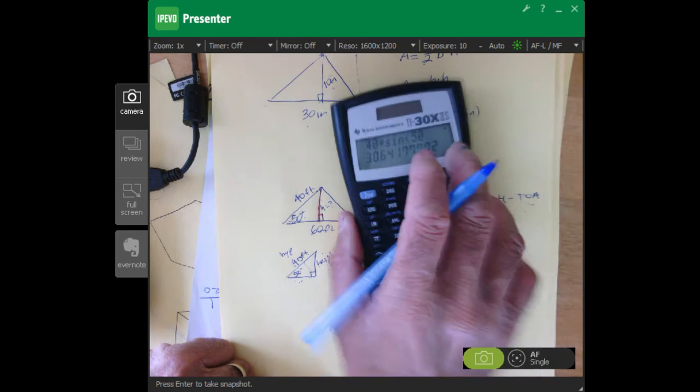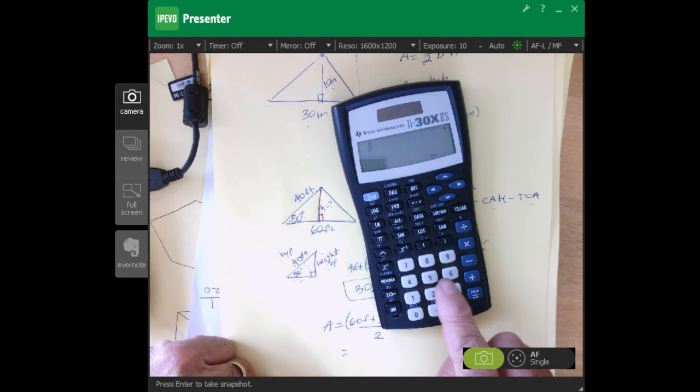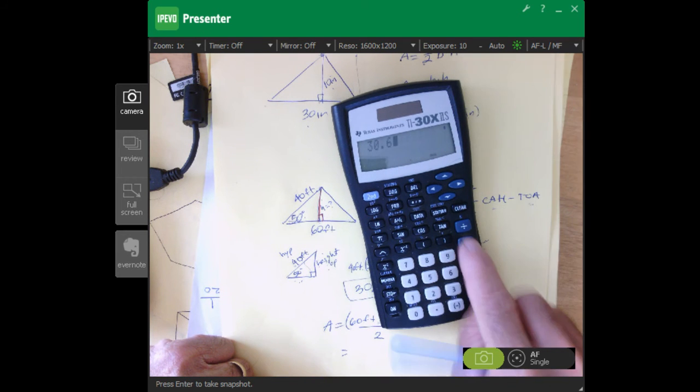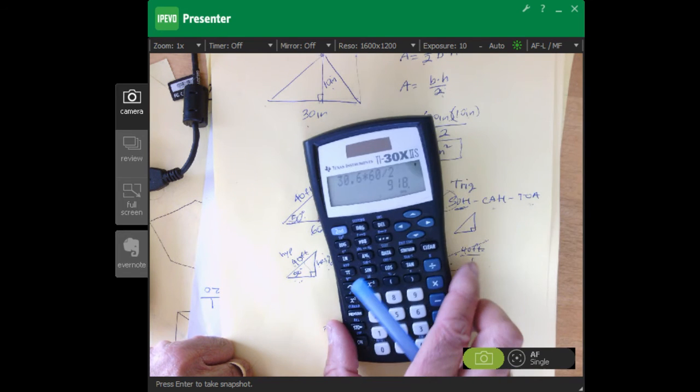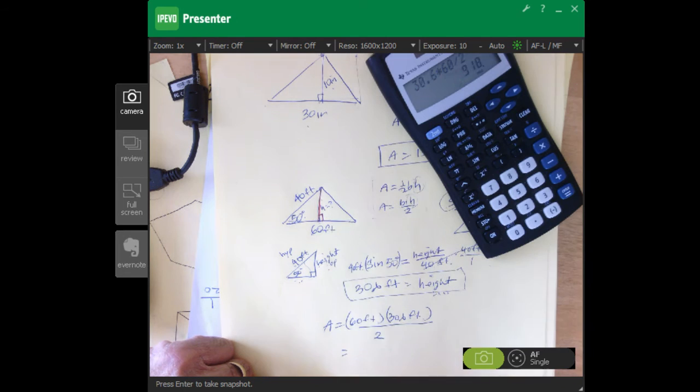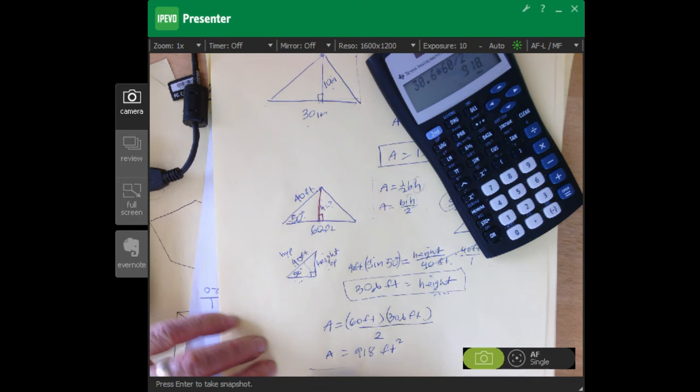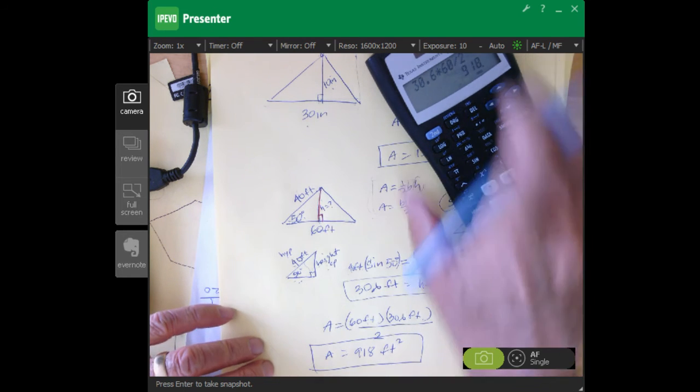So we multiply that out. 30.6 times 60 divided by 2, and we end up with 918. And remember, we multiplied feet times feet, so that's square feet. And that's how you find the area.